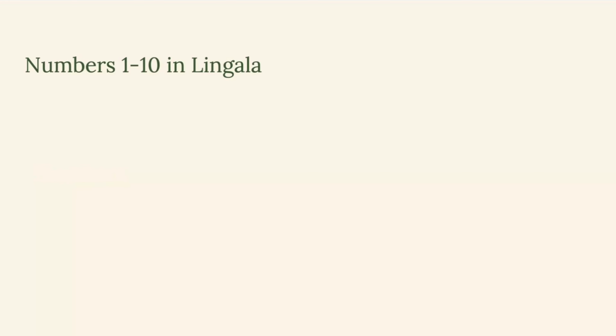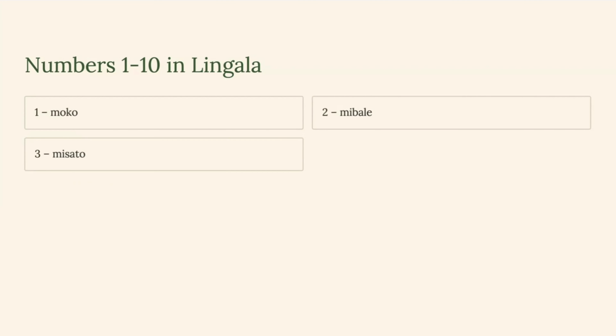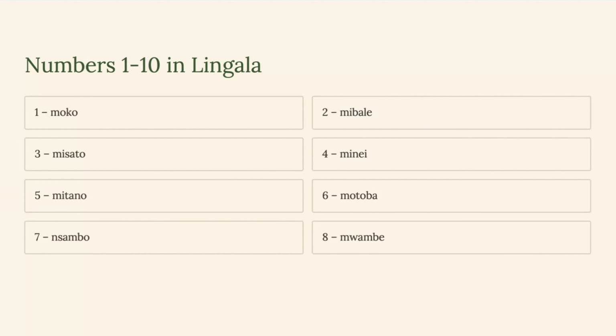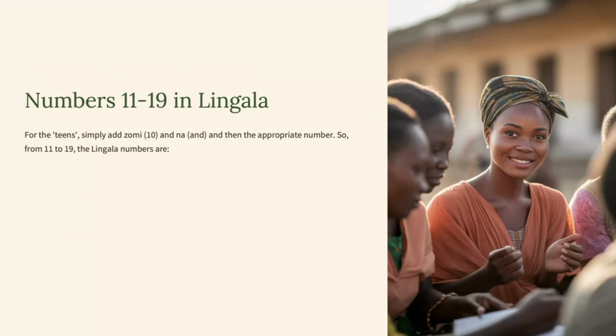So, from 1 to 10, the Lingala numbers are Moko, Mibale, Misato, Mine, Mitano, Motoba, Nsambo, Mwambe, Libwa, Zomi. For the teens, simply add Zomi, which is 10, and then Na, and then the appropriate number.